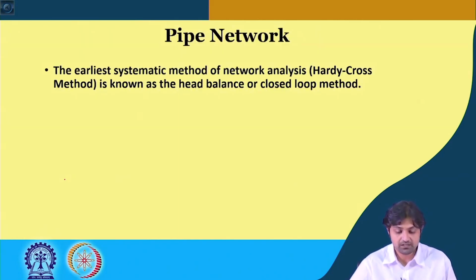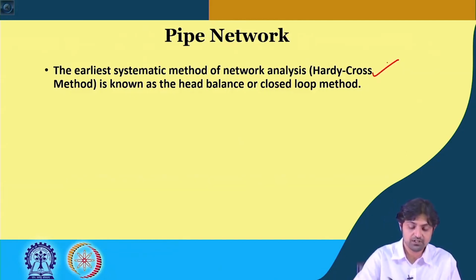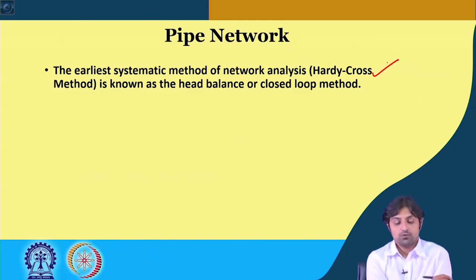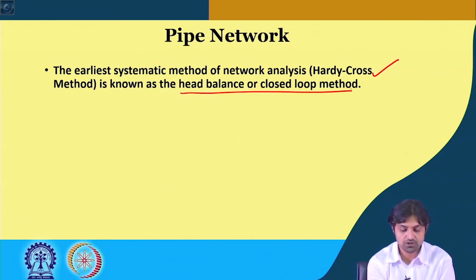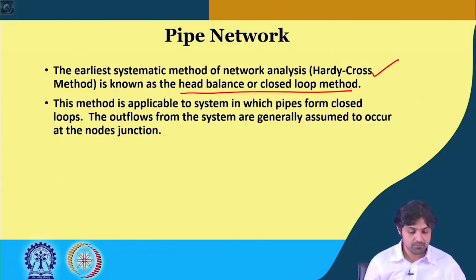The earliest systematic method of network analysis is called the Hardy-Cross method and is known as the head balance or the closed loop method. So pipe network is a topic where we are going to study this famous Hardy-Cross method. It is a very systematic way which can be used for solving pipe networks.